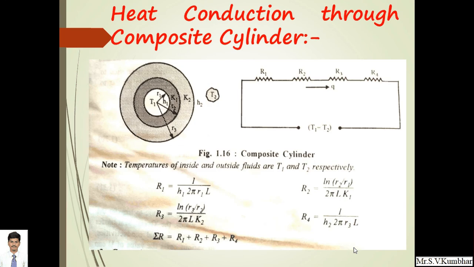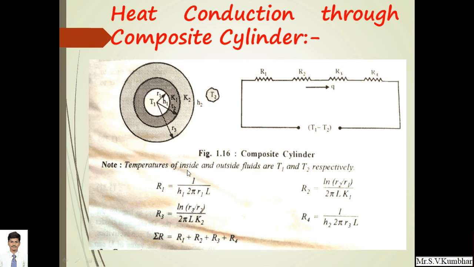Very similarly, in such a problem, if it is a composite material, here two different cylinders are used, A and B, which have thermal conductivity K1, K2, and inside the first cylinder a hot fluid is flowing, and if the heat is transferred from this hot fluid to atmosphere, then in such a problem an equivalent circuit is drawn here. R1 is the convective thermal resistance, R2 is conductive thermal resistance, R3 is again thermal conductive resistance of the second material, and R4 is convective thermal resistance.